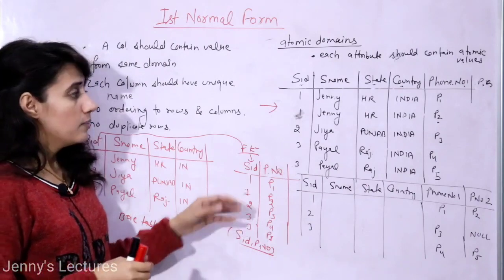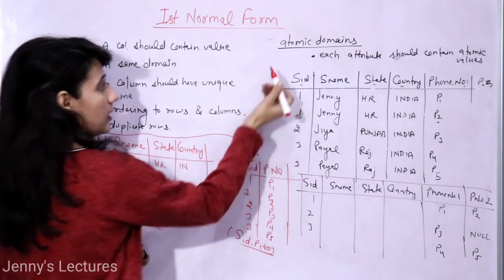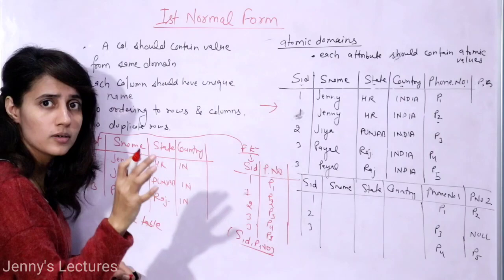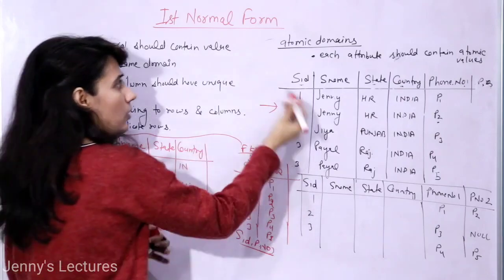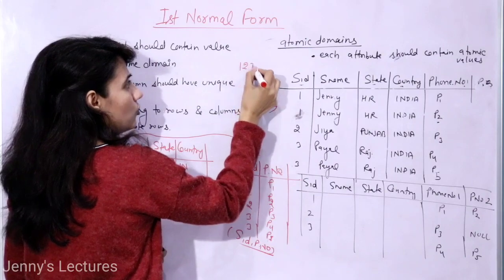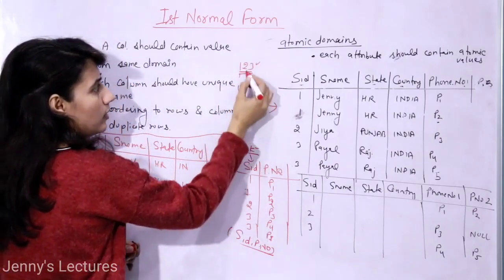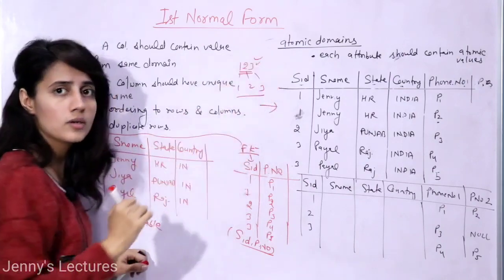Now maybe you have a question in your mind: if I'm saying that all the columns should have atomic values, that cannot be decomposed further, right? Now suppose I take SIDs 1, 2, 3. You will say that we can decompose it like 1, 2 and 3 into 3 parts. So that is also what?